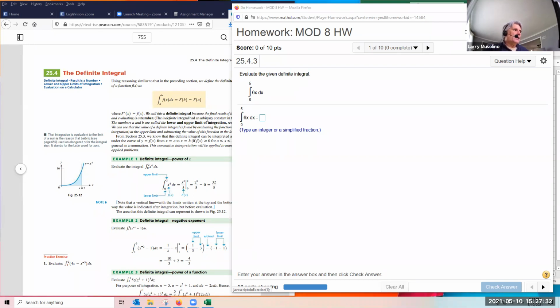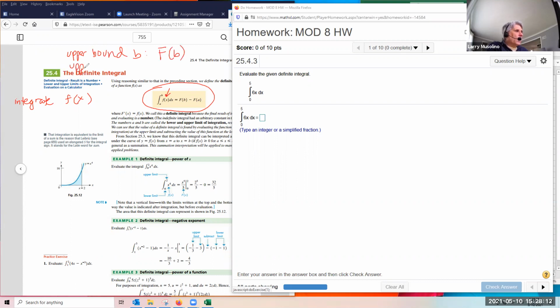So here is a reminder of how to set this up. I'm looking here at our textbook, and you'll notice it says if you want to find a definite integral, what you do is you integrate the function f of x, that's the starting function here. When you do that, you're going to end up with a new function that we call capital F. Then you plug in the upper bound b into that function, so you end up with capital F of b.